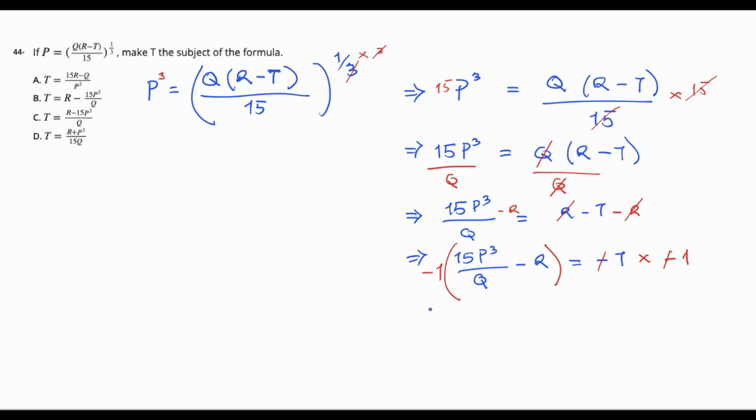So our new equation can be written as, since we have a plus here, R comes first: R minus 15p cubed over Q equals T. So this is our new formula with T being the subject. The option corresponding to that answer is B.